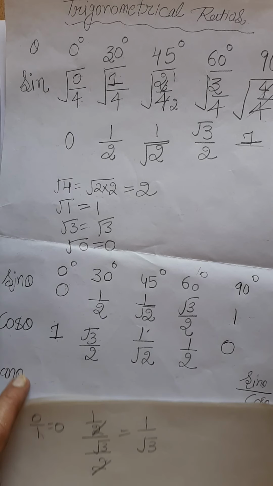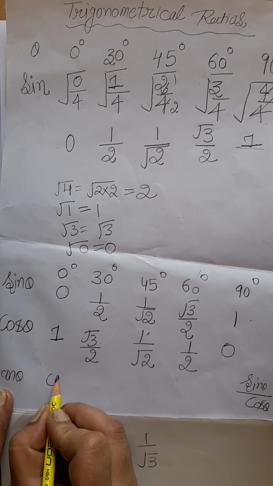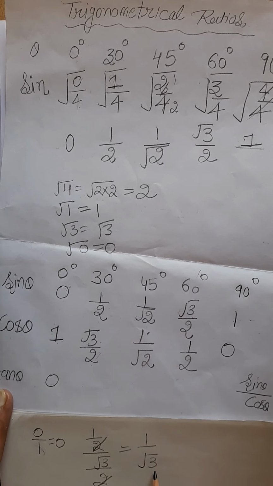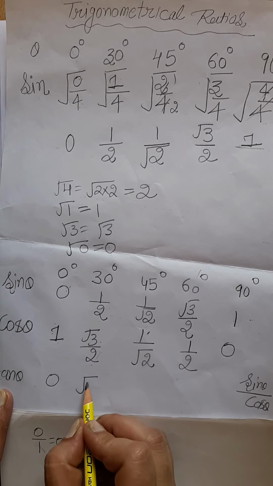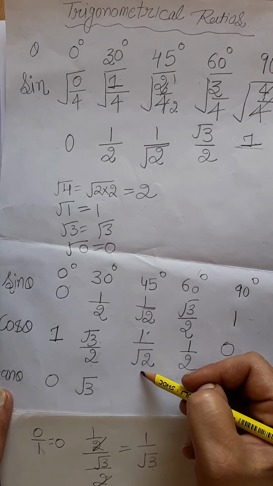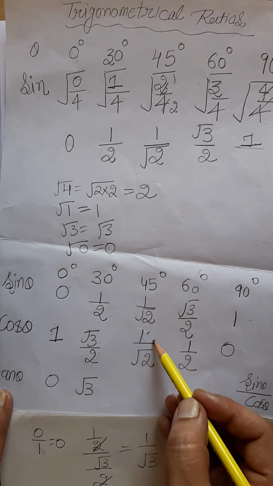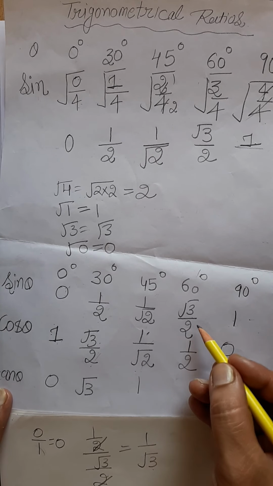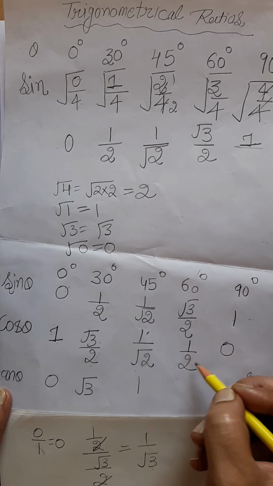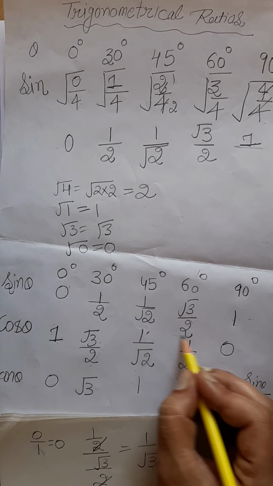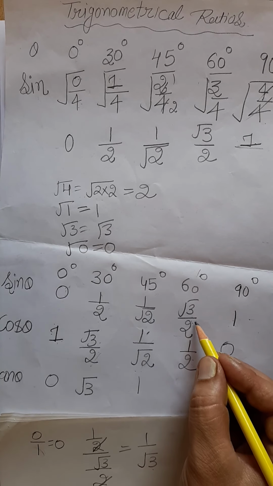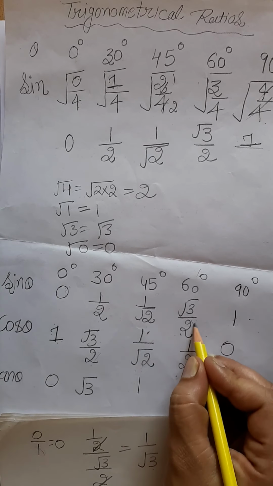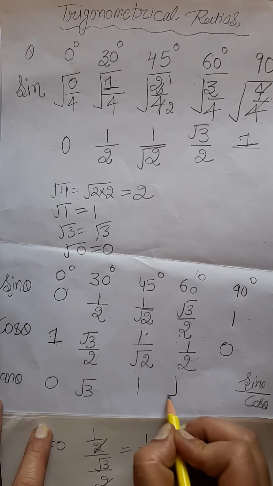By cancelling the 2 from the numerator and denominator, you get 1 by root 3, and then root 3 when we divide the last numbers.